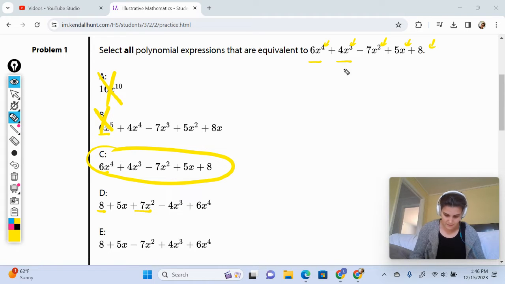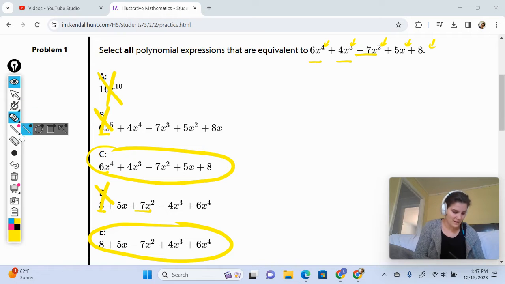This is positive 7x squared, whereas here we have a negative 7x squared, because it's a minus, so immediately, no. And then finally, our 8 matches our 8, our positive 5x matches our positive 5x, our negative 7x squared matches our negative 7x squared, our positive 4x cubed matches our positive 4x cubed, and our positive 6x to the 4th matches our positive 6x to the 4th. There we go, and we're done. Let's go on to the next question.